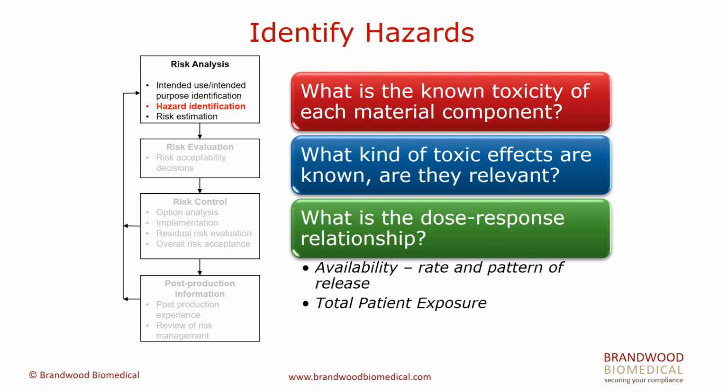Then identify the hazards. So we need to say, okay, we know what leachables are available, we've done our materials characterization, we know what things can come out and may impact the tissues. So what's the known toxicity of each of those material components? What kind of toxic effects are known, and are they relevant? Of course, when you go to the literature of toxicity, you will generally find a very large literature, for example, on respiratory toxicity.